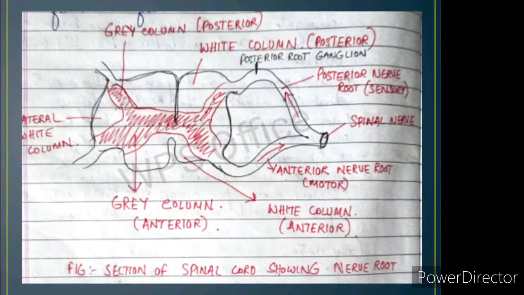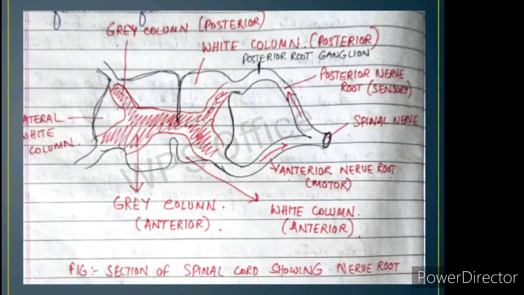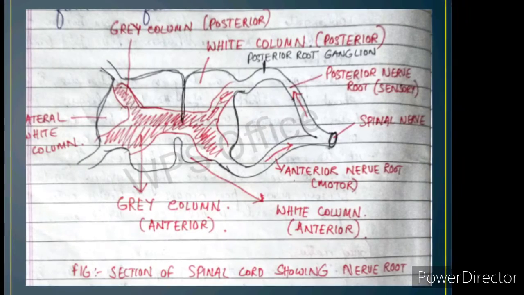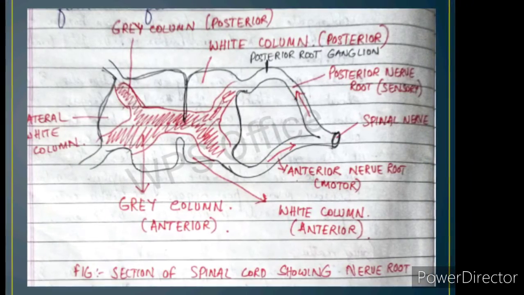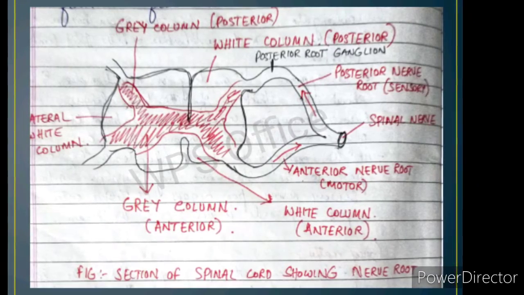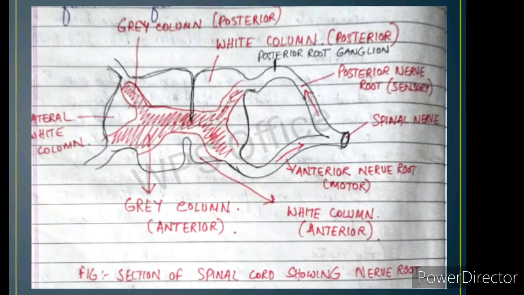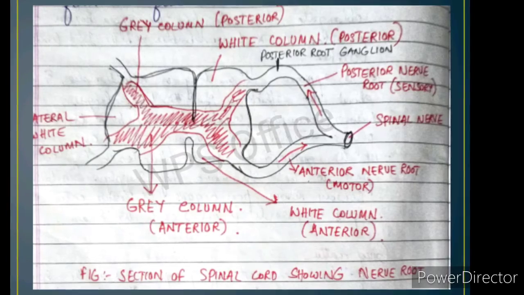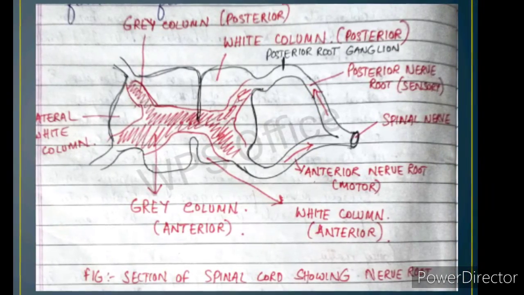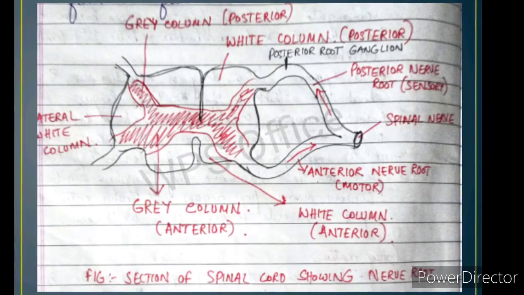In the section of the spinal cord showing the nerve root, we can see the middle darkened area, which is the gray column. Then the peripheral area is the white column. Each is divided into posterior and anterior.